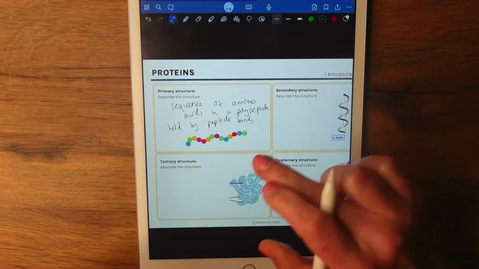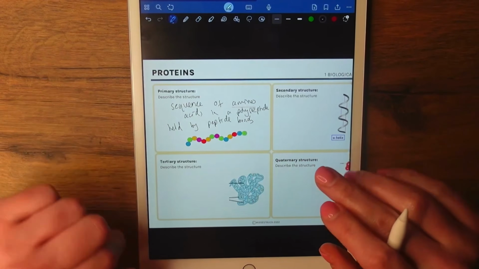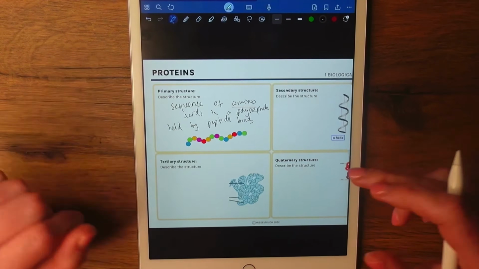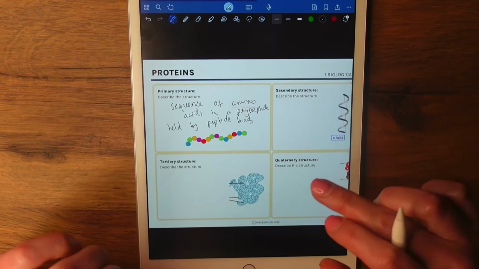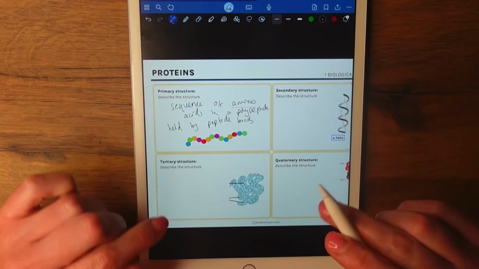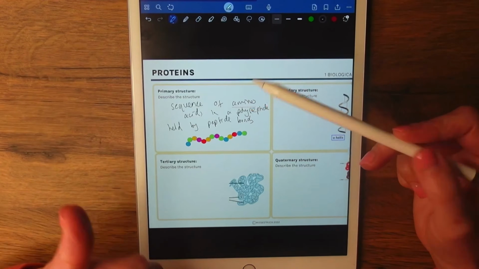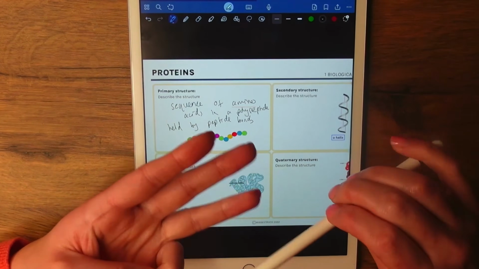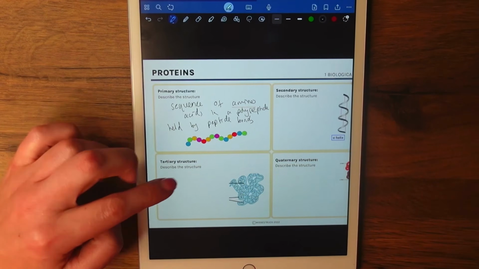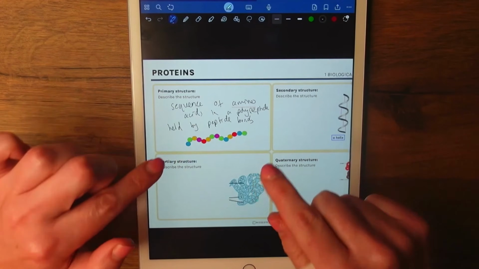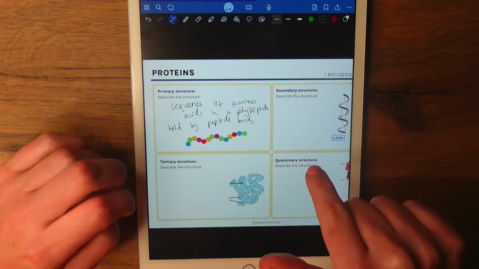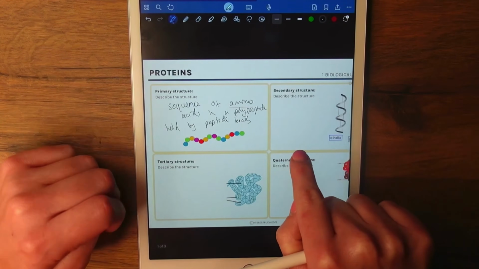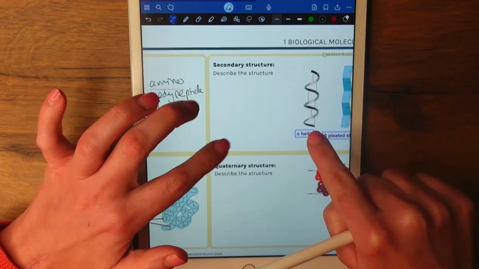So each level that you have to describe, I'd be referring to bonds as well. Not for the quaternary, but for the primary, secondary, and tertiary I would. So sequence of amino acids, that's part 1. In a polypeptide, held by peptide bonds. Those are the 3 key concepts to include to make sure that you've got lots of key terms in your answer and you're being really specific, because we know how picky those exam mark schemes are.